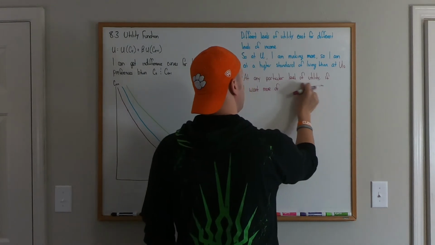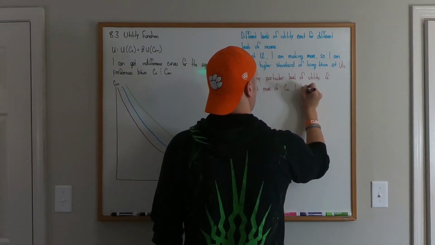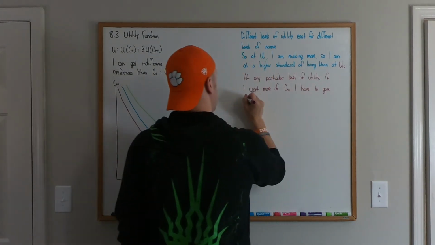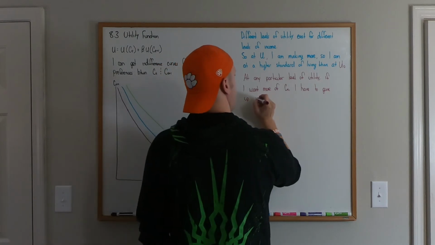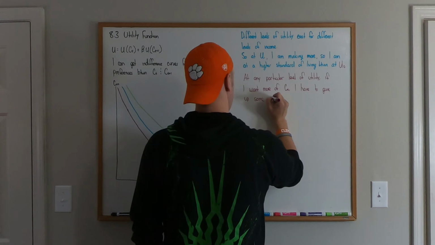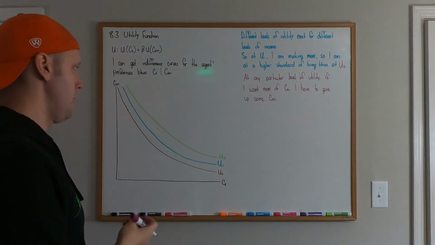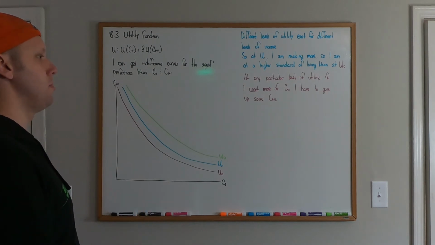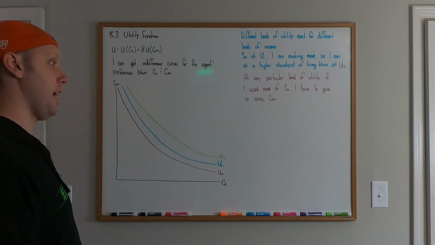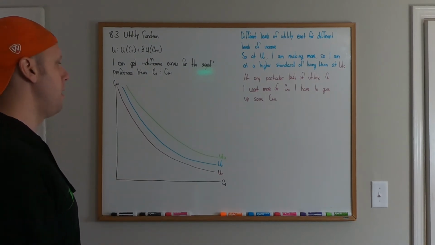Let's say if I want more of CT, I have to give up some CT plus 1. Right? I can't have my cake and eat it too. If I want to eat a lot of the cake, I can't really have just the cake anymore. Well, I guess I still have the cake. It's just in me and not in front of me.